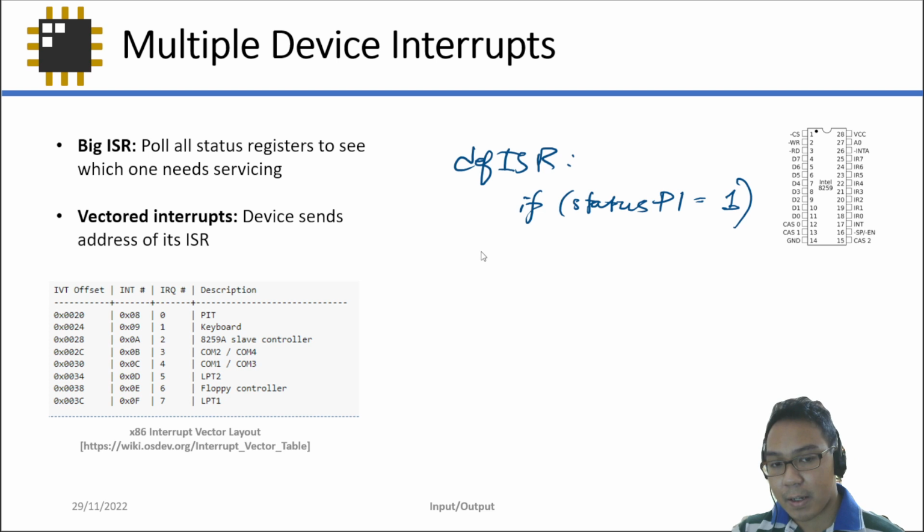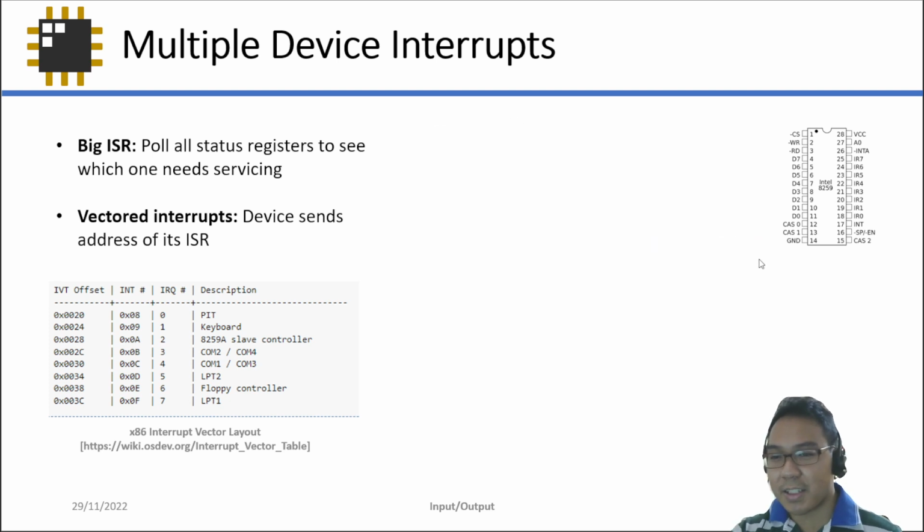Whenever a device sends an interrupt to the processor, it also has to send a vector of numbers, a binary number, which the processor can then parse to see what memory location it should branch to in order to get to the specific ISR of that peripheral.